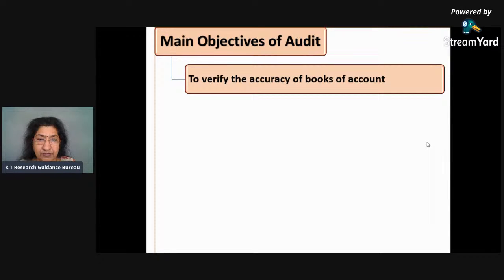In 11th, 12th, you learn transaction, post them into ledger, preparation of trial balance, and in FYBCom you learn how to prepare books of accounts that you learn. And in TYBCom you learn analysis of that reports.